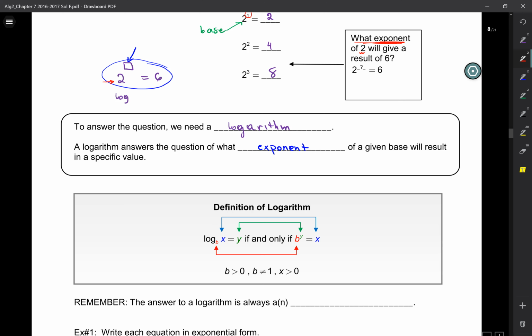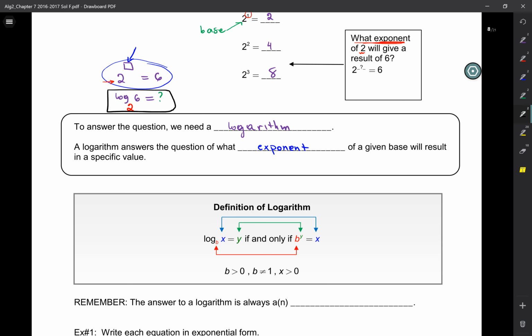That's the base, so log base 2 of 6 is equal to what? That's the exponent, okay? So I can ask the same question in 2 ways. I could go elementary school style and say 2 to the what equals 6, or I could say log base 2 of 6. And I'm asking the same question.